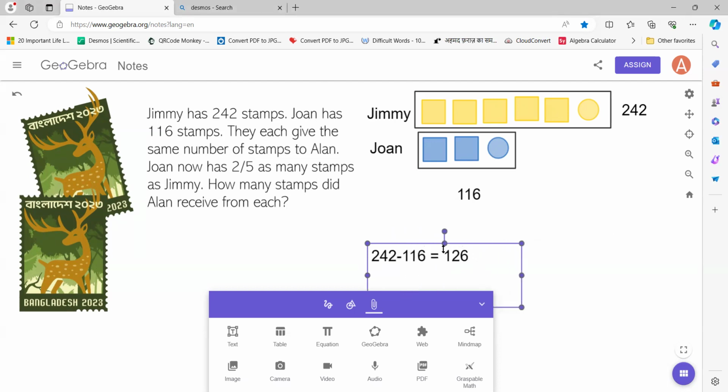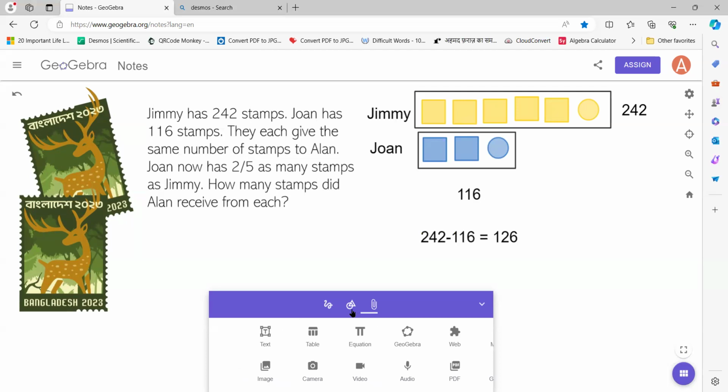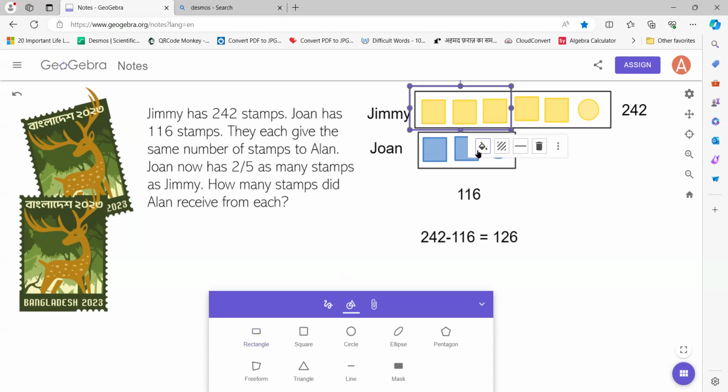What this tells me, and this is what you really want to understand, is that 126 must be what these three yellow squares are worth.